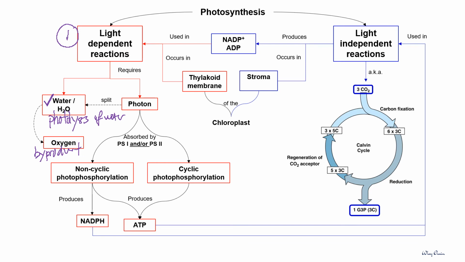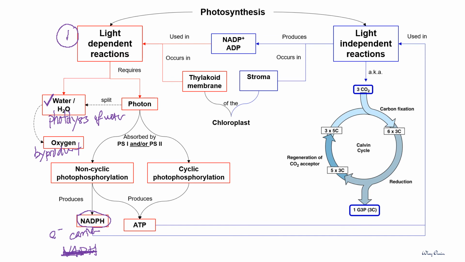The difference is that non-cyclic photophosphorylation is able to produce the high energy molecule NADPH, which is also the electron carrier. If you look at the name, this molecule is actually similar to NADH in the topic of cellular respiration. But because we are now learning photosynthesis, the electron carrier has a different structure from the NADH in cellular respiration. The name is NADPH.